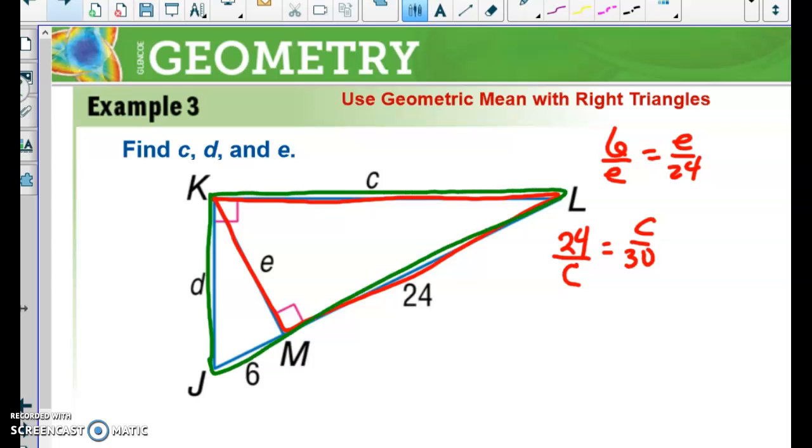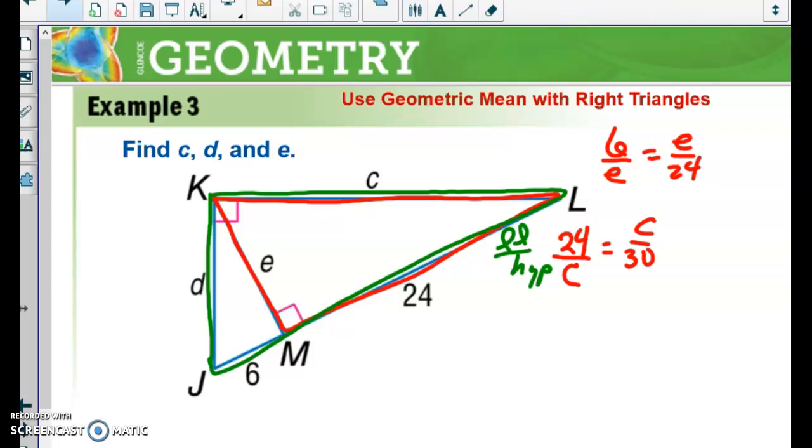And what we're comparing here on the red one is this is the long leg, and part C is the hypotenuse. So on the red one, I'm going to say 24 is to C. Now if we look at the green one, the C is now the long leg, and the 30 is the hypotenuse. So that's why the two triangles that we're comparing.